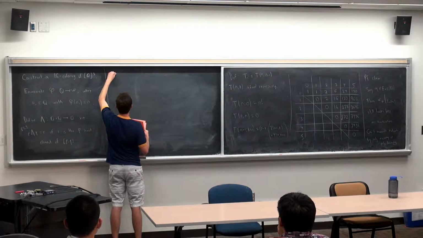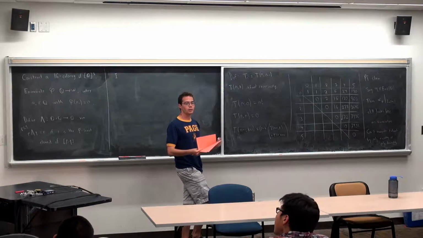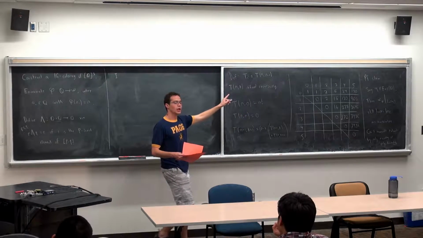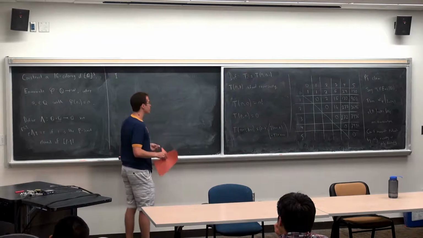So for the 2 coloring, we introduced this new ordering, order phi, which just recorded the enumeration order, and we were fine. Instead of a linear order, we're going to have to get a little bit fancier.